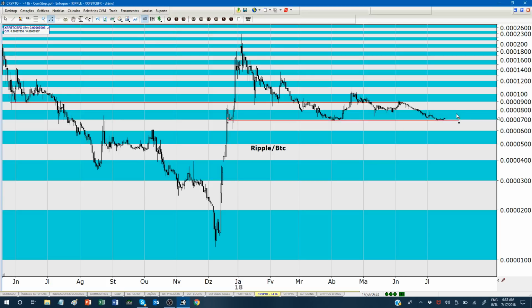I just draw it for having nothing to do. So I think the accumulation here resembles a descending triangle more than anything else. So I'm expecting this 7,000 Satoshi level to be broken, and if it happens, the market is probably going to the next support level at 4,000 Satoshi.